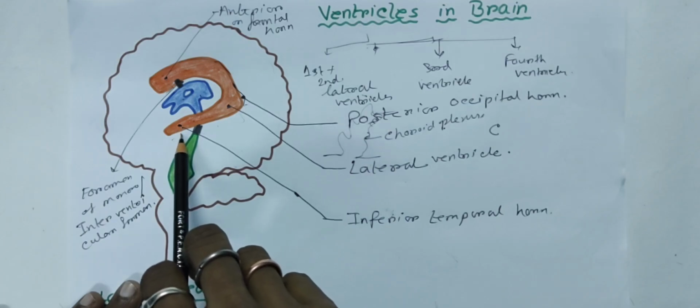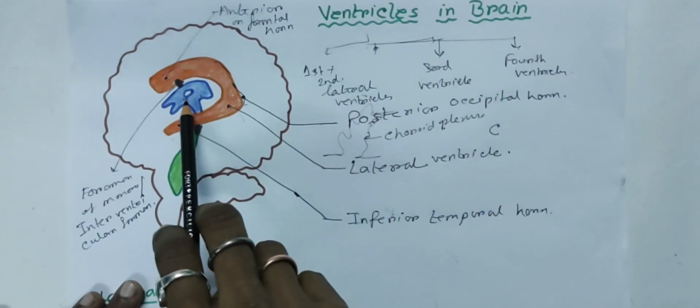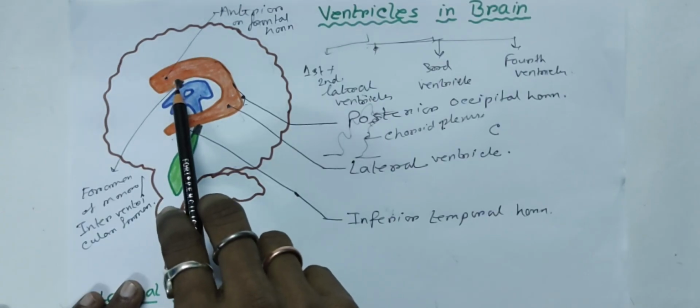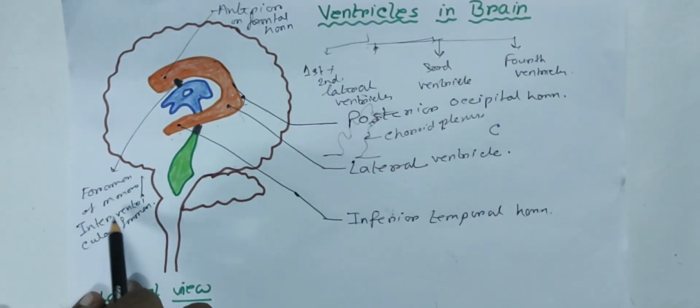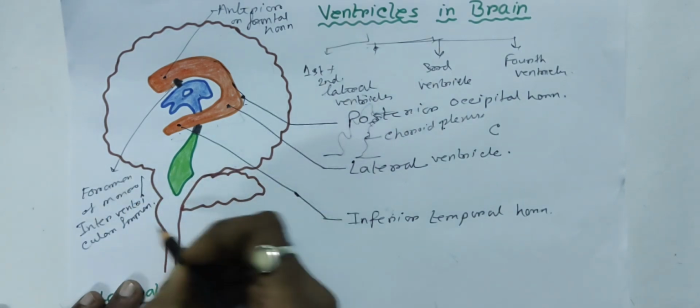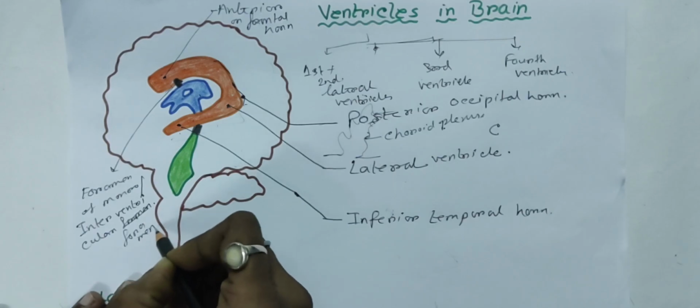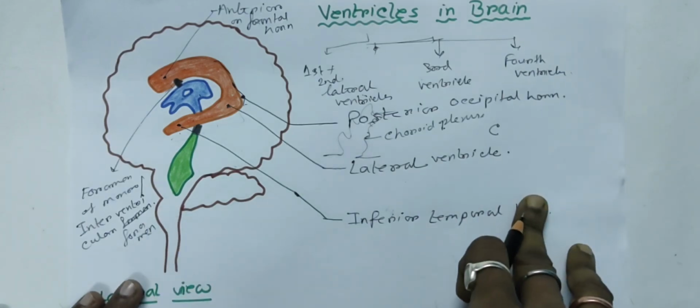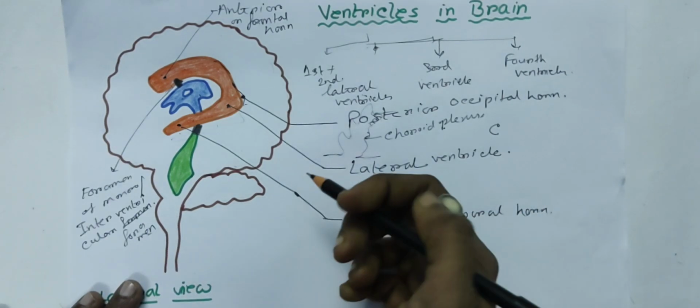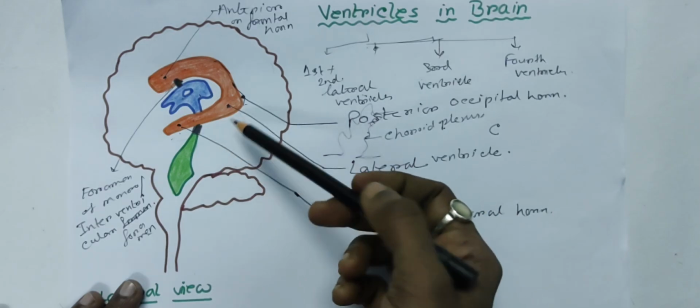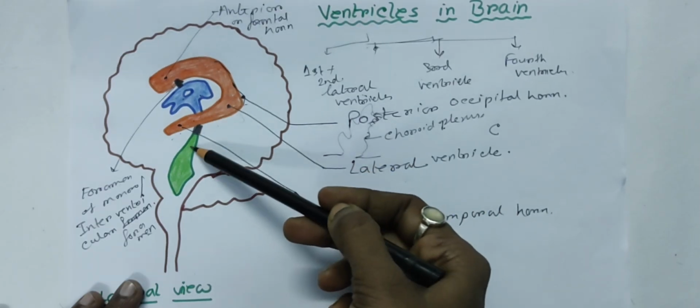Now there is the third ventricle. This is connected with the lateral ventricle by the foramen of Monro or interventricular foramen. Now the third ventricle is attached with the fourth ventricle.